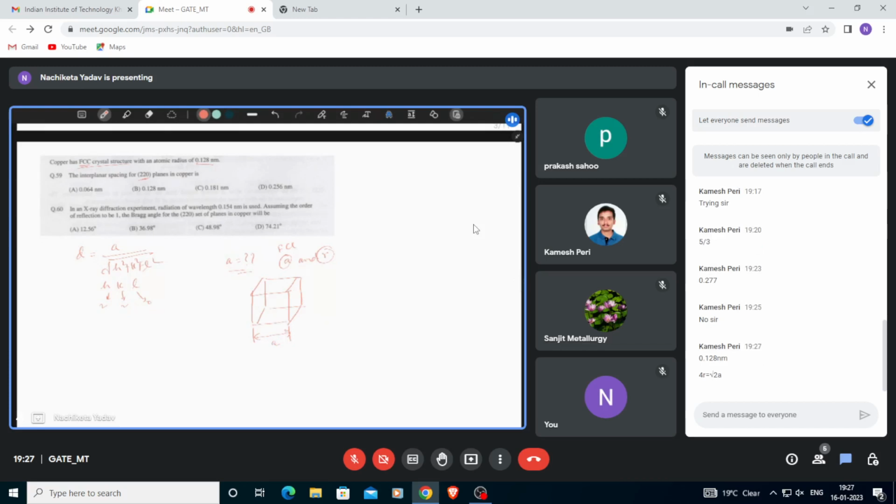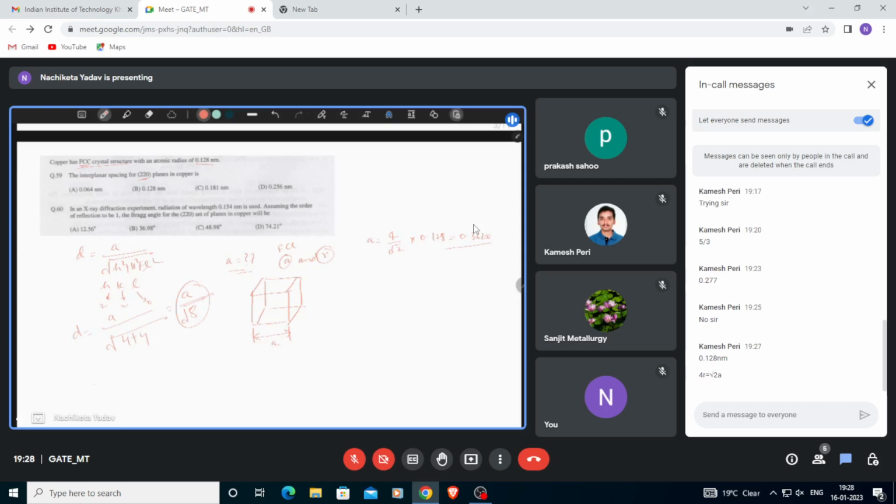With R as 0.128, you can calculate a equal to 0.3620 nanometer.